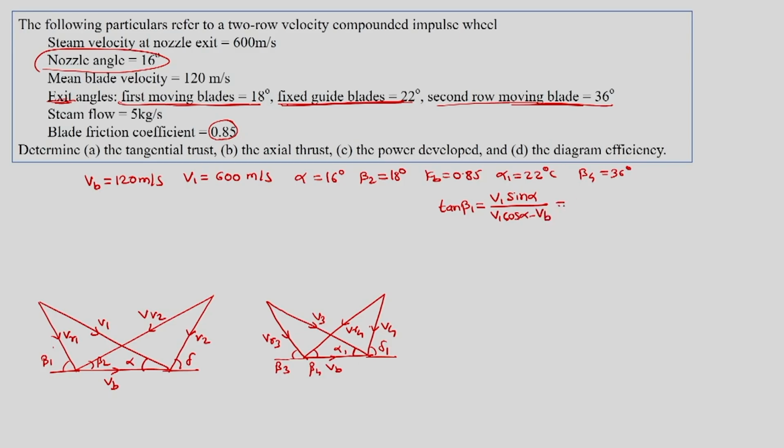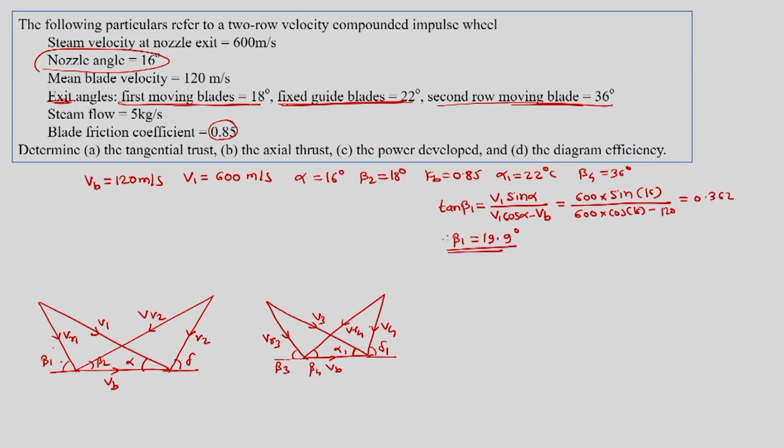So, V1 is 600, so 600 into sin of 16 divided by 600 into cos of 16 minus VB, which is 120, and this gives us 0.362. So we can get beta 1 is equal to 19.9 degrees.